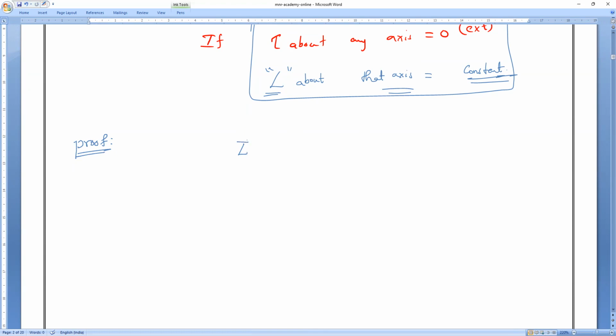Speak loudly, everyone. L is equal to I into omega, angular velocity. So apply differentiation with respect to time: dL by dt, we all know that I remains constant, so you will apply d omega divided by dt.